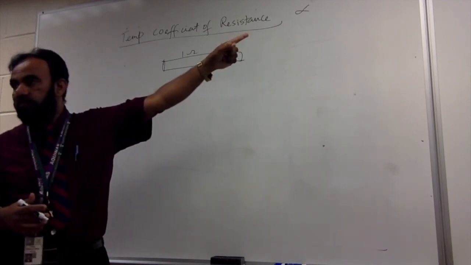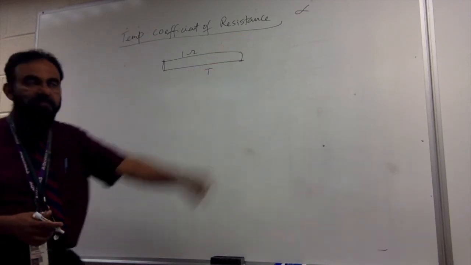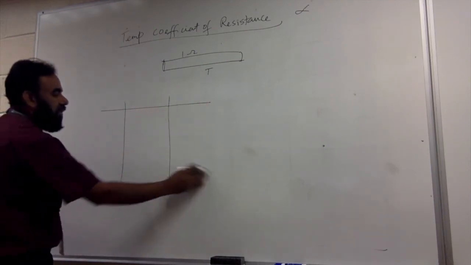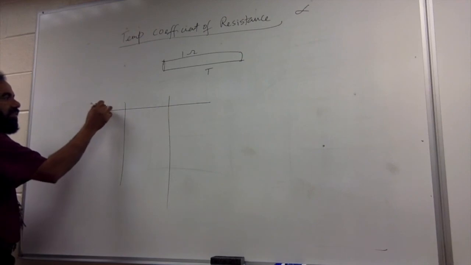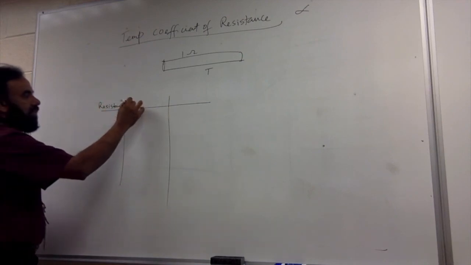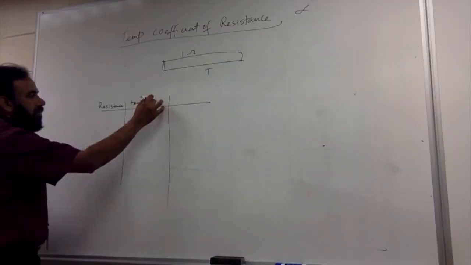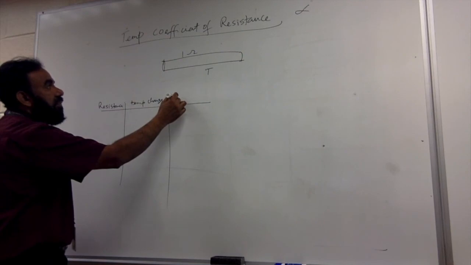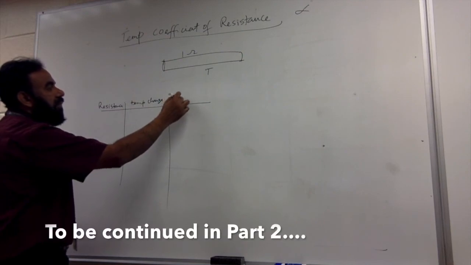That is alpha. Okay? Now putting it all into a table format to understand everything, this is resistance. That's the temperature change. That is change in resistance.